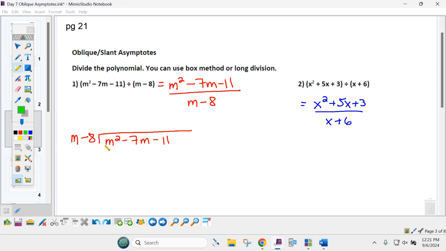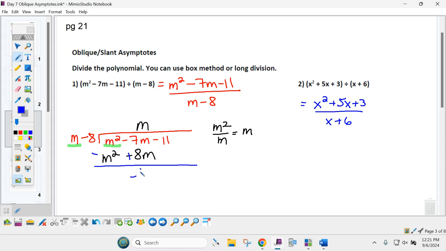First step is have a division thought. I'm going to take m squared and divide by m. That's m. Line it up. Multiply back, m times m, m times negative 8. Subtract, subtract, subtract. So that's negative, that's positive. Bring down and repeat. Have a division thought. m divided by m is 1.